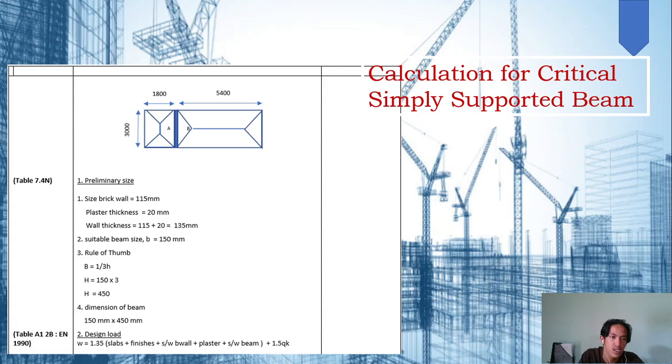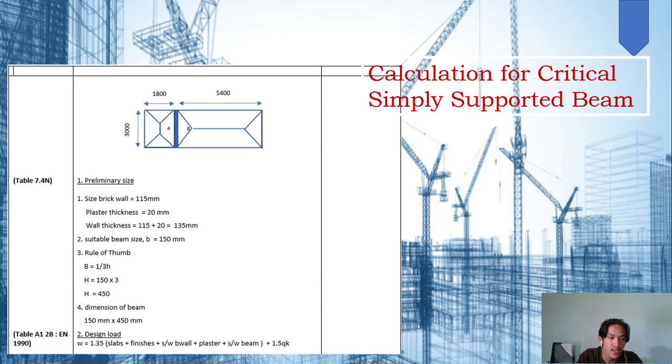For the preliminary size, we will use a brick wall of 150 millimeter, plaster thickness 20 millimeter, wall thickness 135 millimeter, and we will consider the width of the beam to be 150 millimeter, more than the wall thickness.